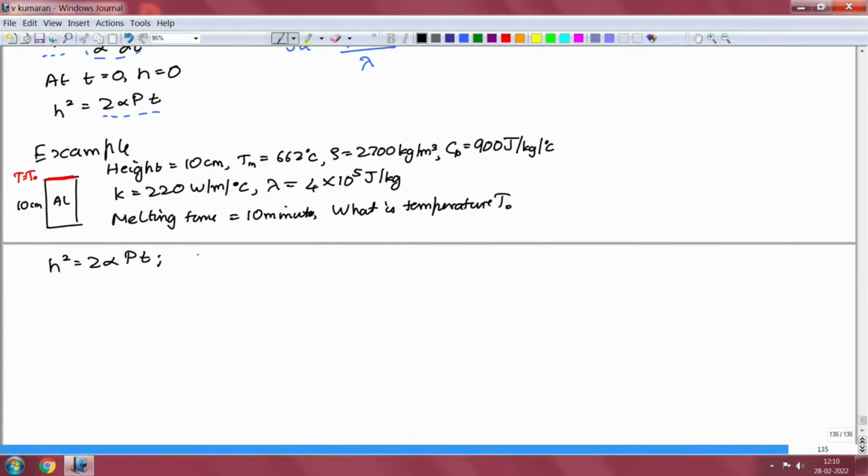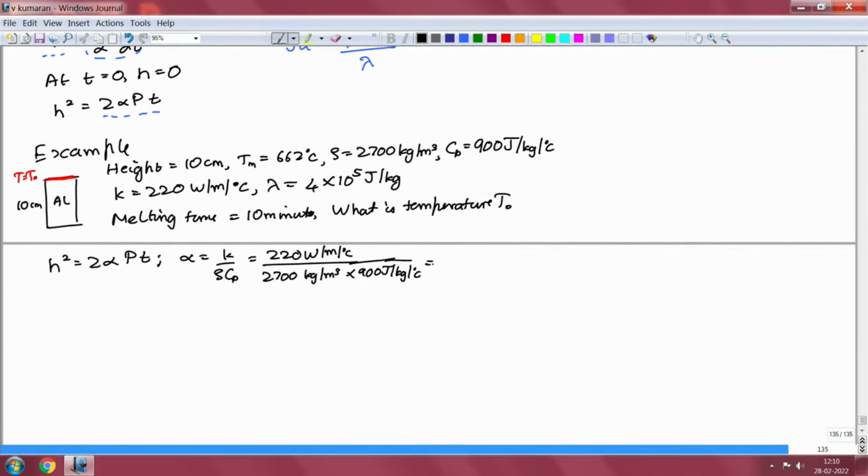So, first things, alpha is equal to K by rho Cp, which is equal to K, here 220 watts per meter per degree centigrade, by rho, 2700 kg per meter cubed, into 900 joules per kg per degree centigrade.